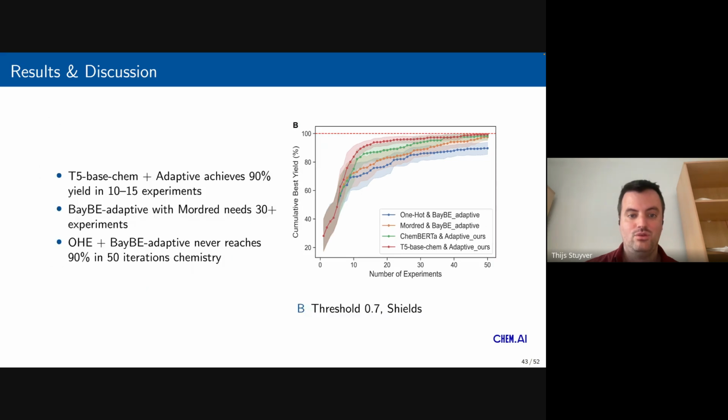So that's just to show that the practical difference is quite big, and we see this across the board, where we typically need half the budget or even less compared to default approaches in the literature to reach an optimum, compared to the new combination of hidden space featurizations and adaptive hyperpriors that we are proposing.